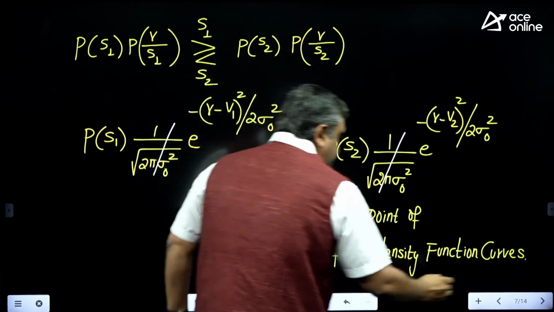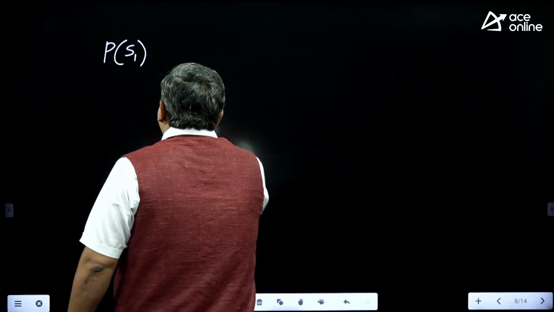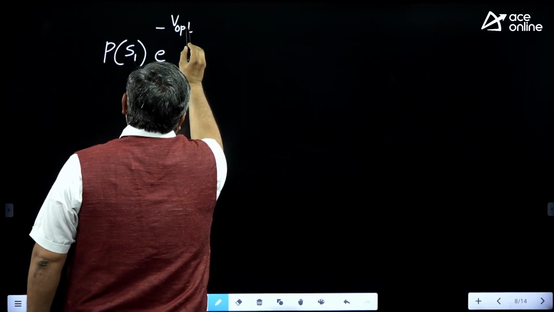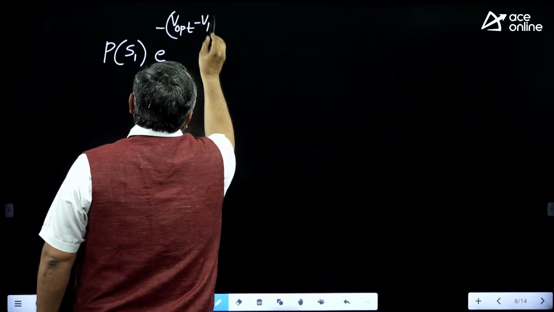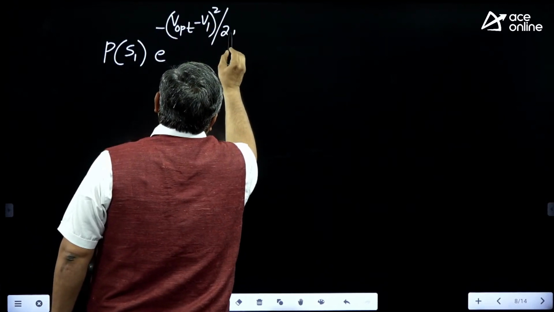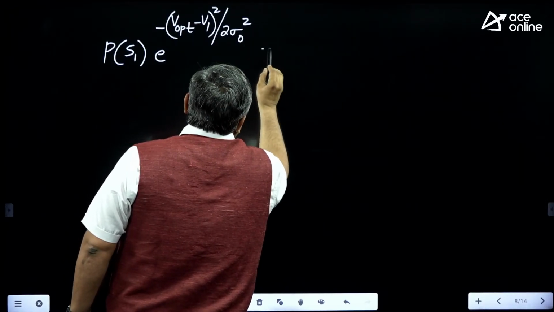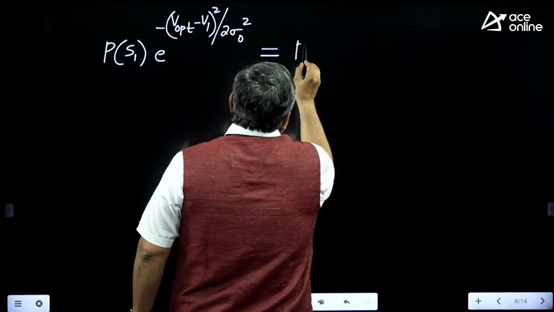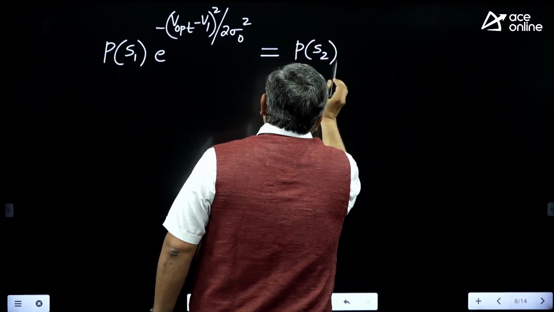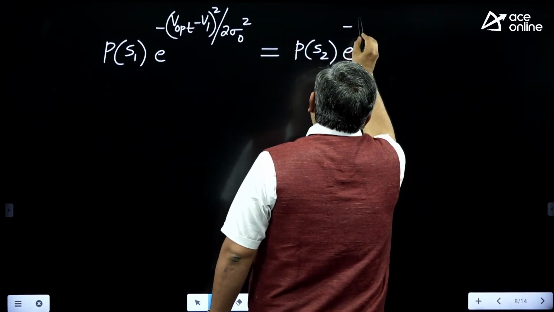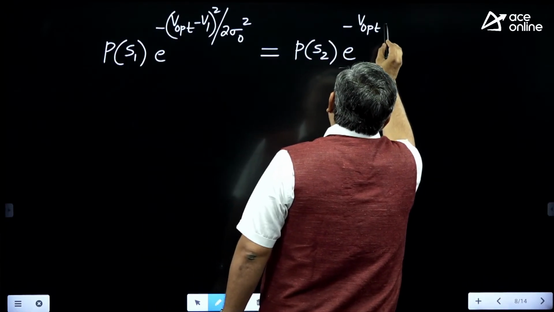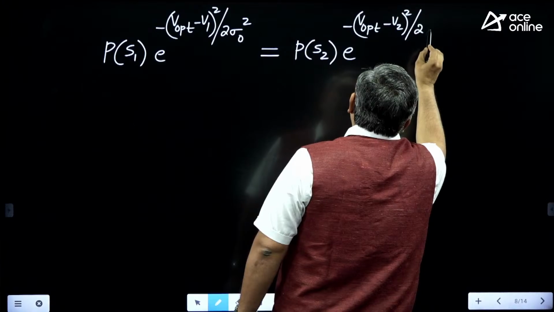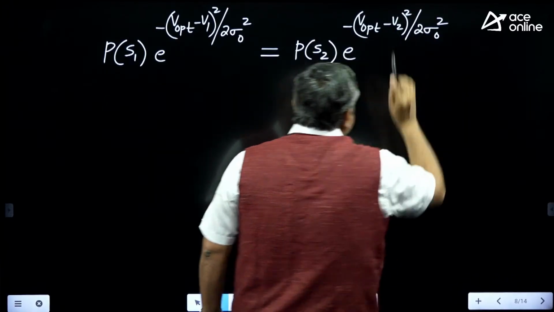So I am removing it here, into e power minus of VOPT minus V1 whole square by 2 sigma naught square equal to, coming at the point of intersection of both the density function curves, P of S2 into e power minus of VOPT minus V2 whole square by 2 sigma naught square. Done. Finish. That's all.